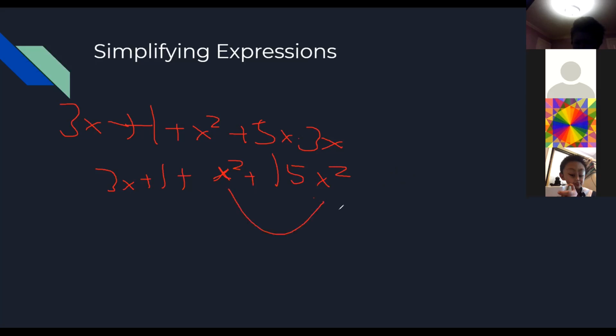So these two are like terms because x is both raised to the square. So we could combine these two like terms because they're essentially 1x squared plus 15x squared. So we get 3x plus 1 plus 16x squared, which would be how we would simplify this expression.